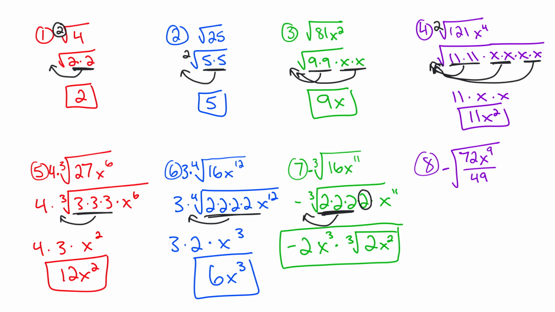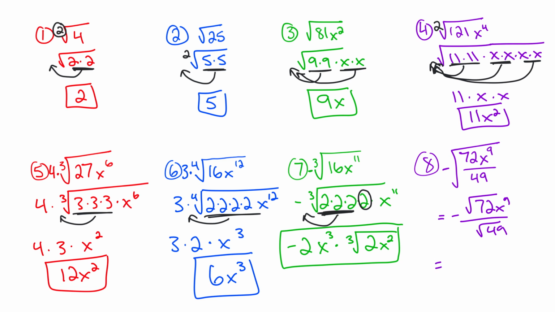And then lastly, problem number 8, division. This is the same thing as negative square root of 72x to the 9th over the square root of 49. You're square rooting an entire fraction. It's the same thing as square rooting the numerator and denominator individually.